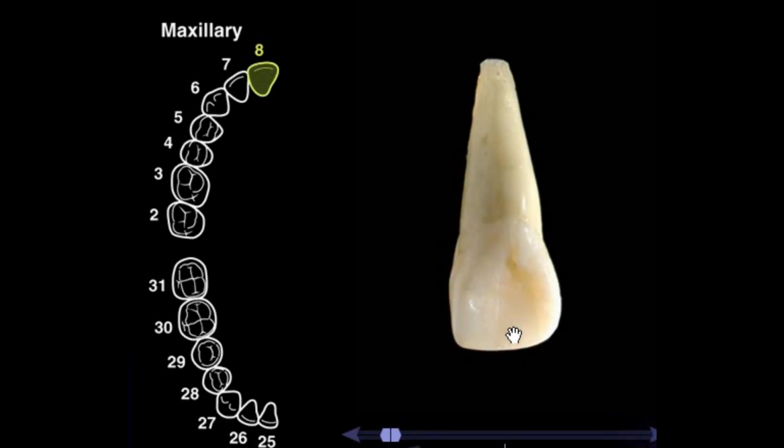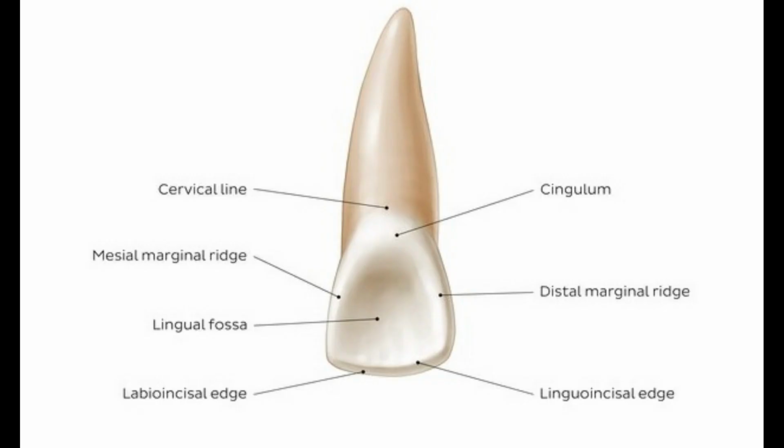In the lingual surface, there are still your root, crown, incisal edge, and the cervical line, with the addition of the cingulum, the mesial marginal ridge, the distal marginal ridge, and the lingual fossa.